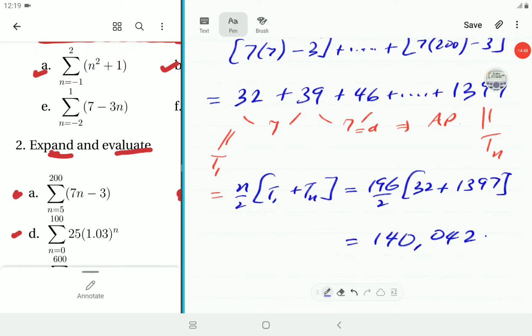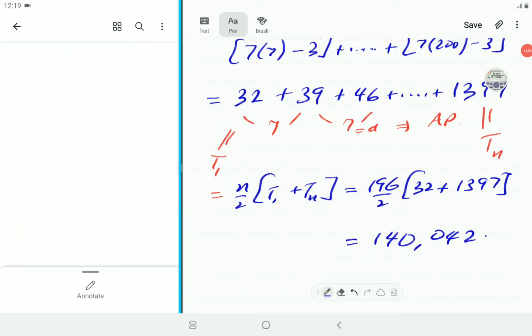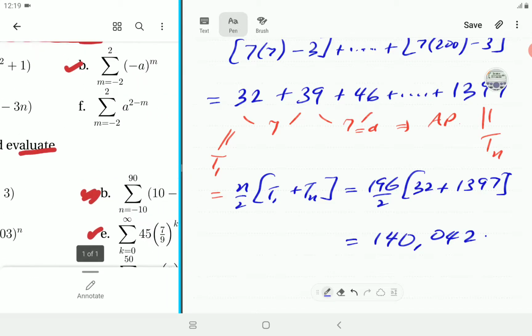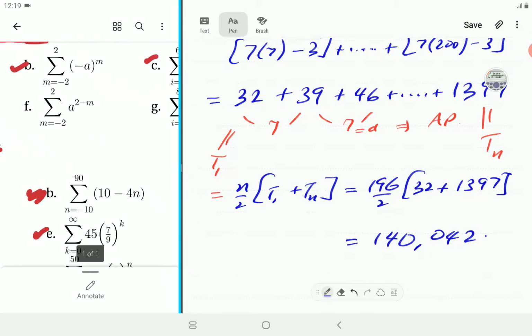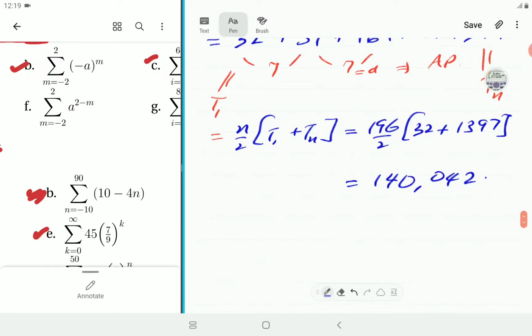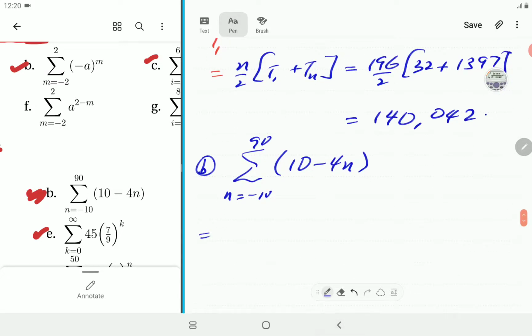All right, so we go to the next example, which is B. So B is the summation of 10 minus 4n, and n is running from minus 10 to 90. So again, we're going to do the first three terms.